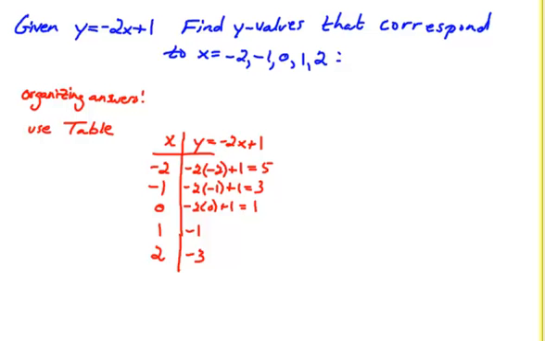Another way for showing the same point. Let's see, what's the ordered pair? Ordered pairs that we just found. Just to make sure we're okay with our different forms of notation, the table versus an ordered pair, what's that first one? -2 comma what?